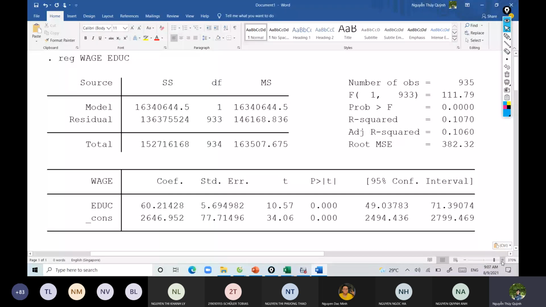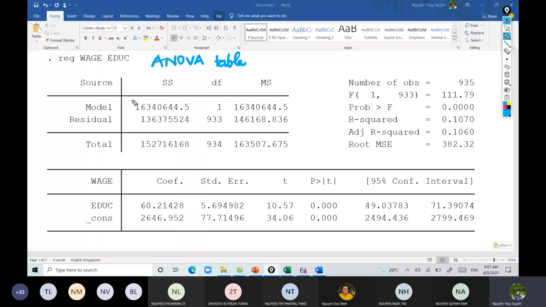We have the estimation output from Stata. We have some tables here. The first one here is the ANOVA table. ANOVA is the notation for analysis of variance, and it will tell you the total variation in the value of the dependent variable and also the sources of variation.